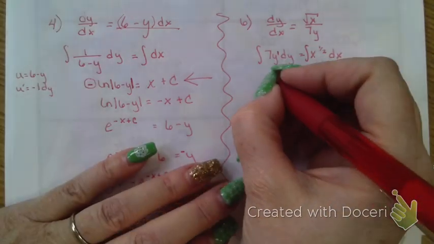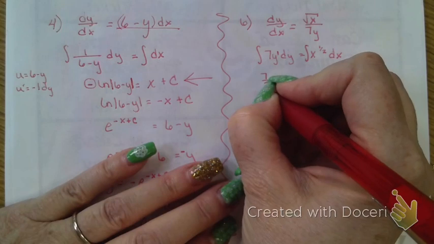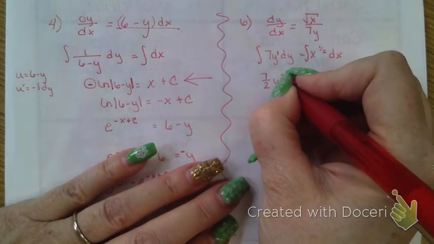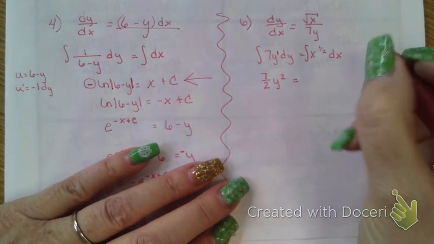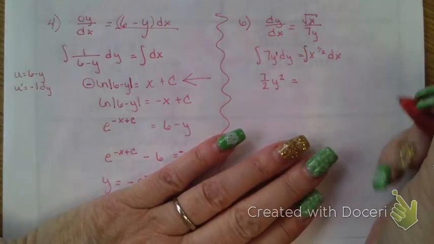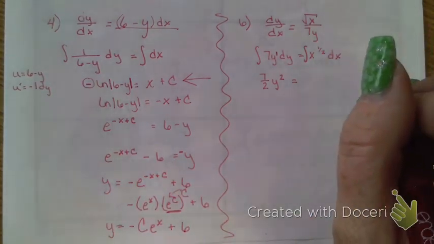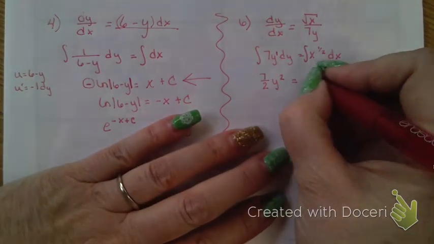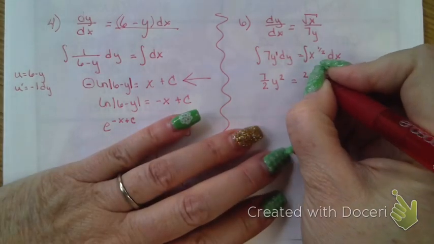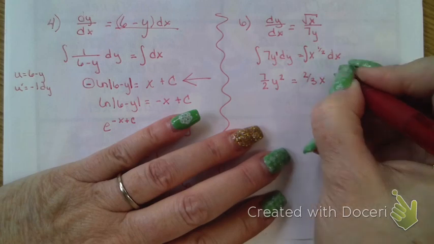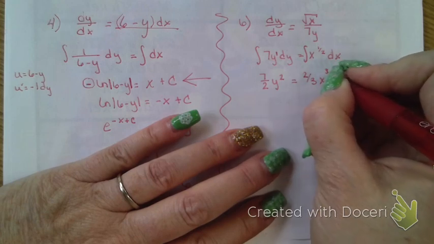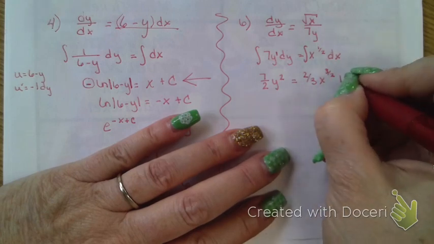So 7/2 y squared. Did you just forget how to integrate? I did, yeah. So 1/2 plus 1 is 3/2. And so it's going to be 2/3 x to the 3/2 plus c.